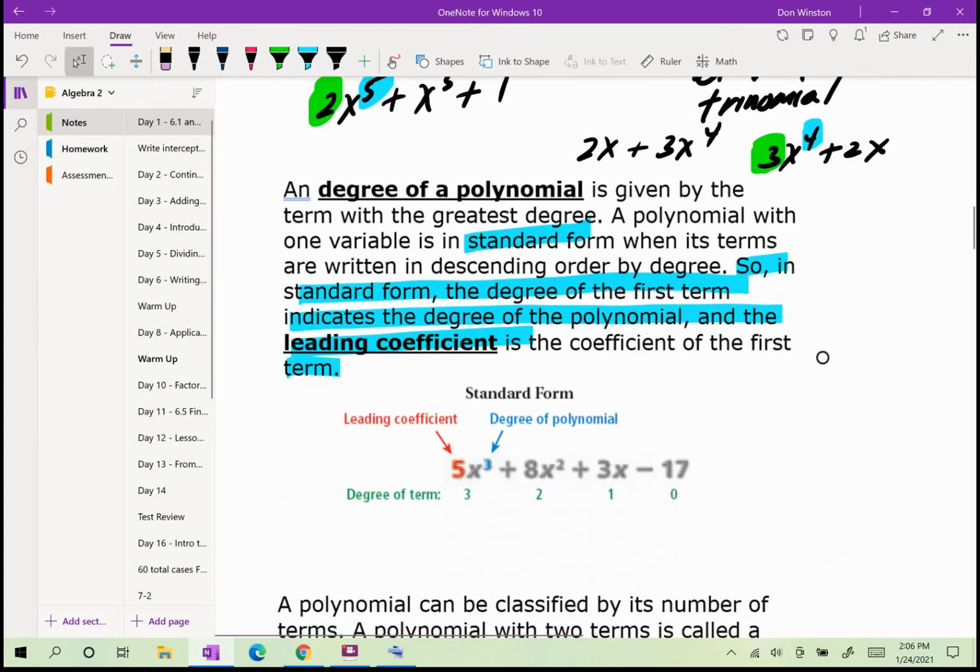All right. So here they give us a polynomial, 5x cubed plus 8x squared plus 3x minus 17, written in standard form. The degree of that polynomial would be 3, and the leading coefficient would be 5.